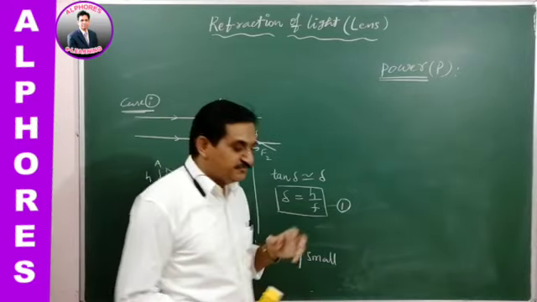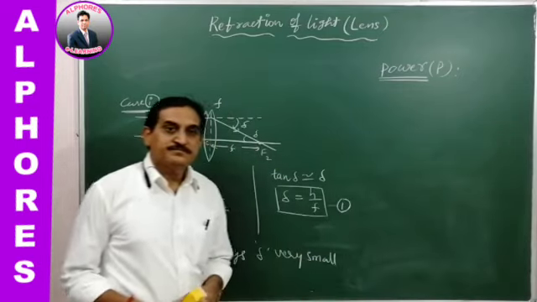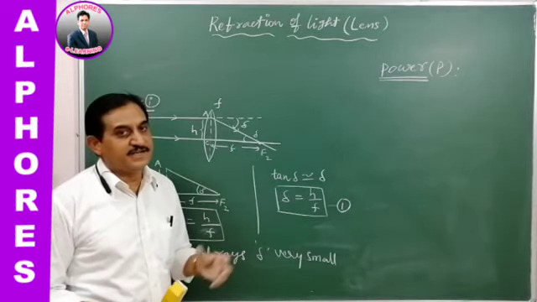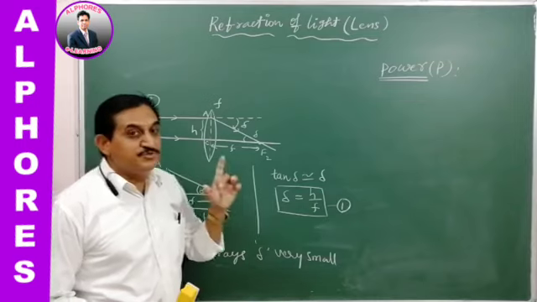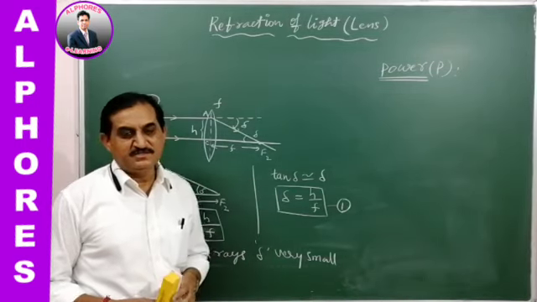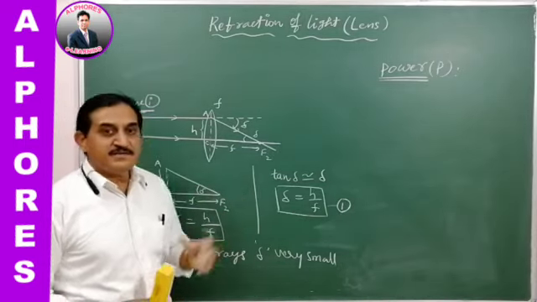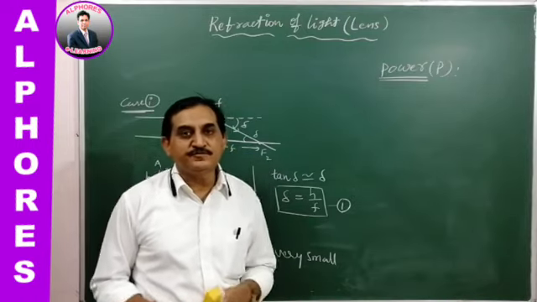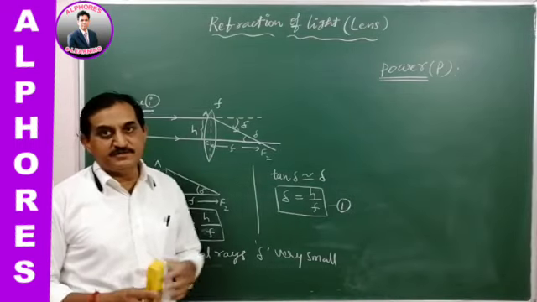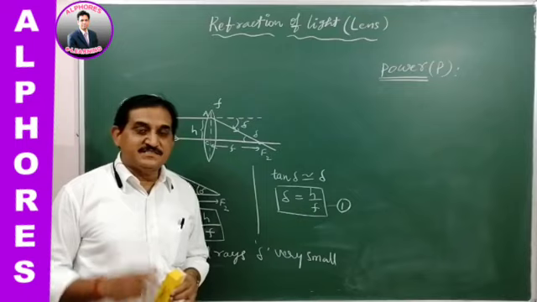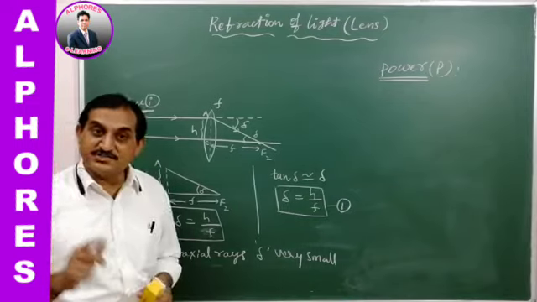So power can also be defined as the tangent of the angle by which the light rays converge or diverge whenever they are incident on the lens at unit distance from the optic center. Once again I repeat: power can also be defined as the tangent of the angle by which the light rays converge or diverge whenever the light rays are incident on the lens at unit distance from the optic center.